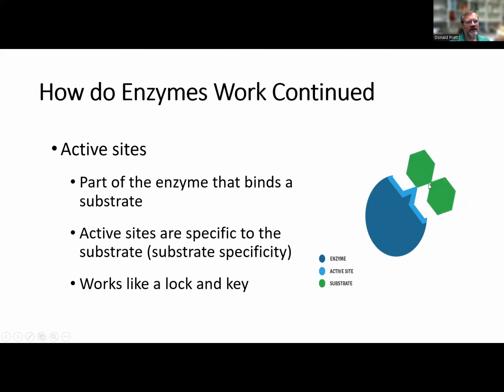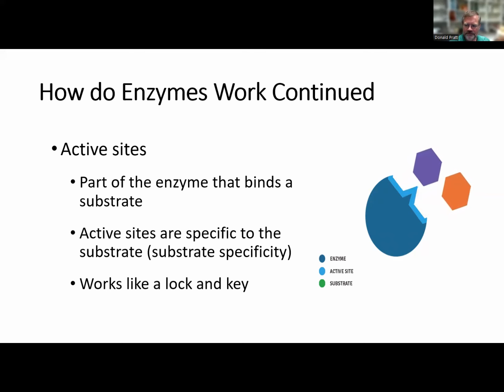They're cleaved. The way that enzymes work is that they have an active site. This is the active site right here, and it's the part of the enzyme that binds the substrate. The substrate was that green molecule right here. And the active sites are extremely specific. They are specific to that substrate and only that substrate.